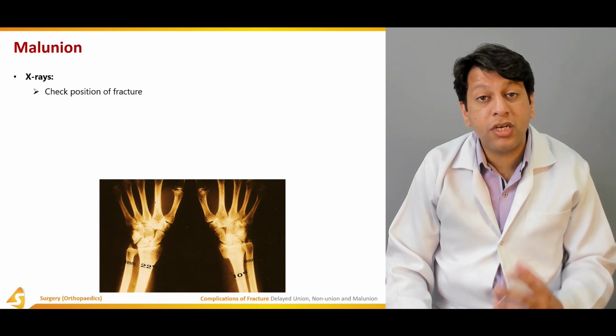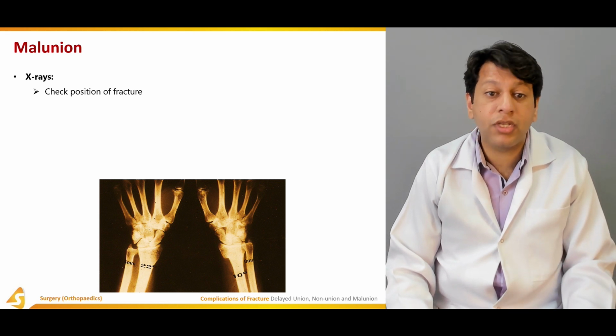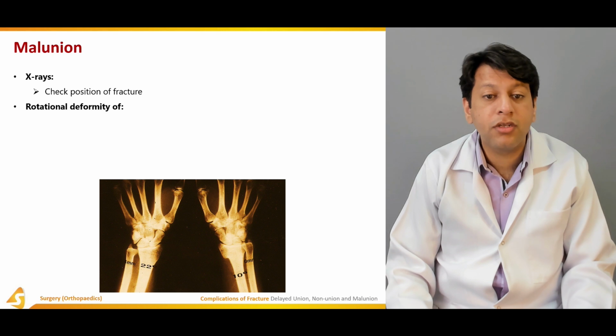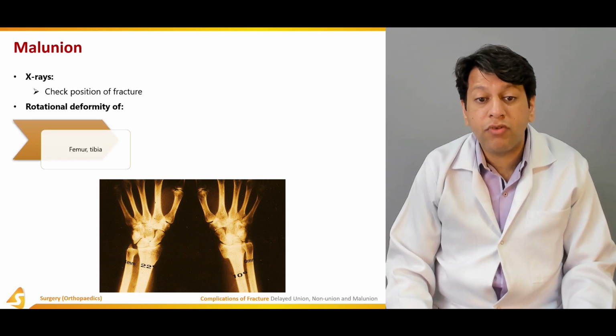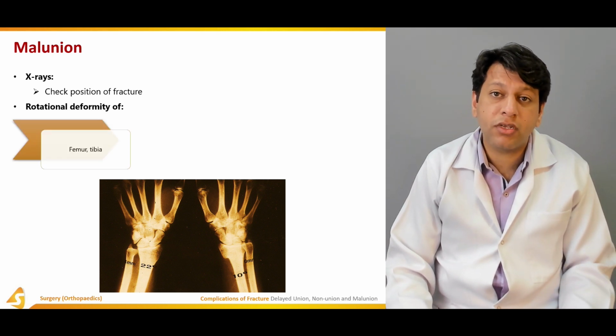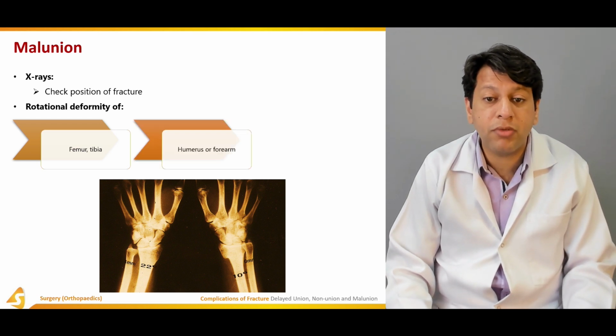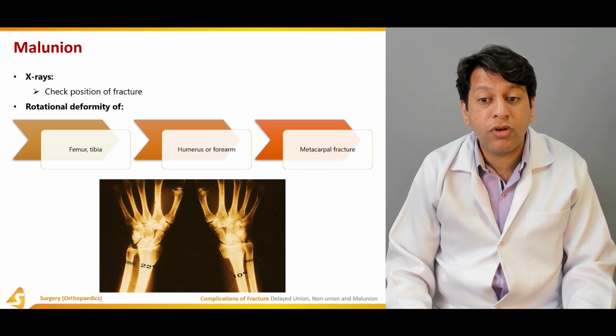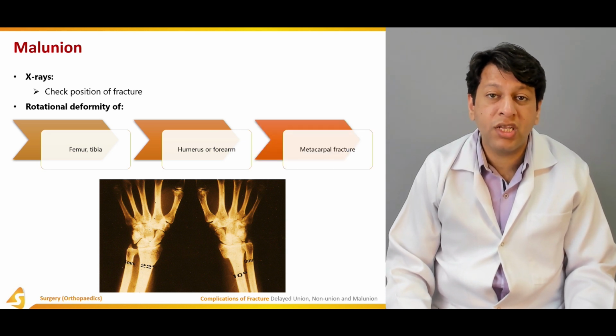For treatment of malunion, first and foremost are the X-rays. Check the position of the fracture. Then check the rotational deformity. For example, if conservative treatment is going on for tibia fractures, then we need to look at the femur, the tibia, then the humerus, the forearm, and metacarpal fractures as well.